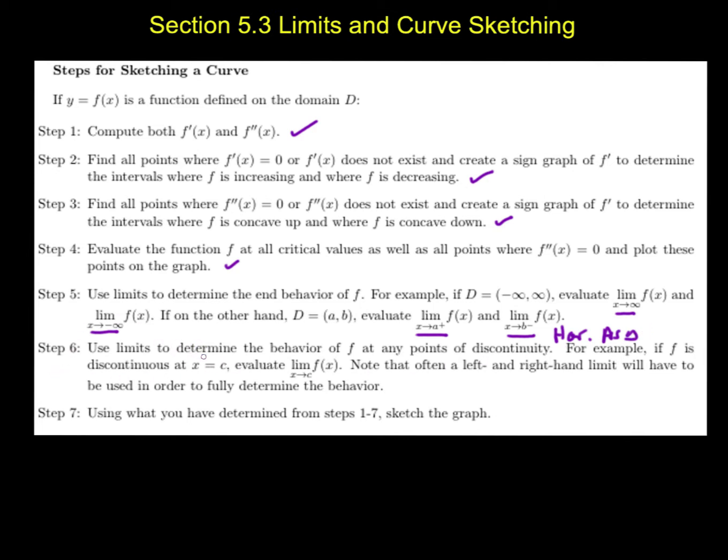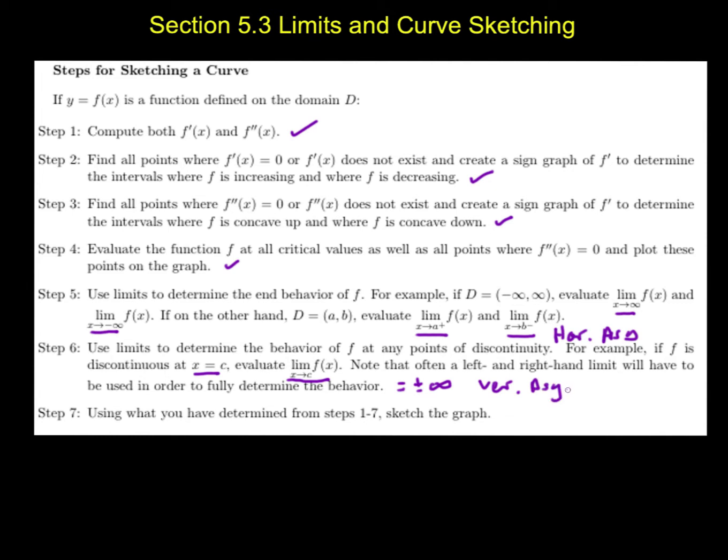Similarly, we can look at places where there might be discontinuity. So we're not guaranteed that this function exists everywhere. So at any point where we've got a discontinuity, we would look at that limit. And if that limit equals plus or minus infinity, then we're going to have a vertical asymptote.